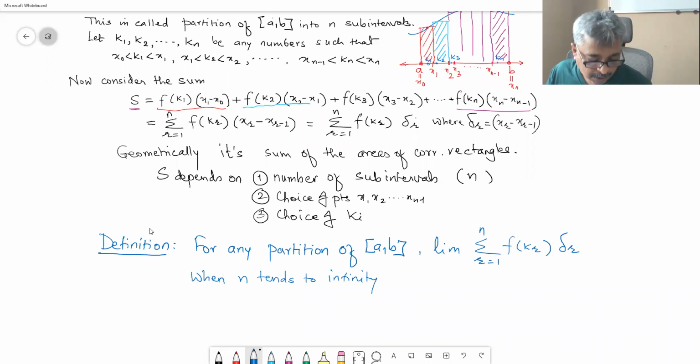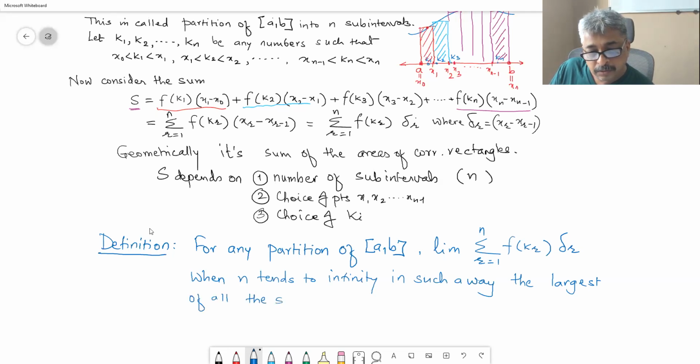Positive infinity, because n is a natural number. How many partitions are you making, in such a way that the largest of all the subintervals, that is delta 1, delta 2, up to delta n, tends to 0.